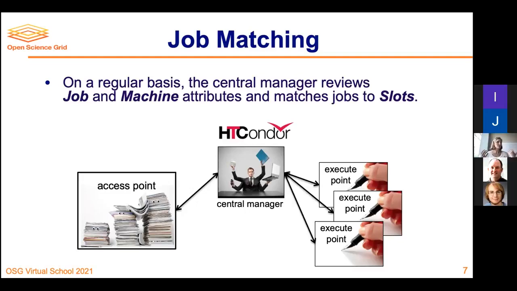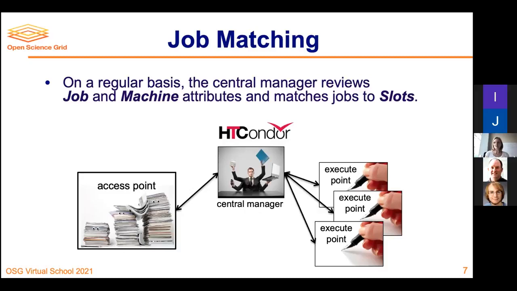And in some cases, jobs may say they only want certain types of machines, or machines may say that they prefer certain types of jobs or jobs from certain users. There are a number of features here. But in the OSG, we try as much as possible to help people minimize how many special requirements they have so that they can match to more resources. But basically, matches are made on a periodic basis.